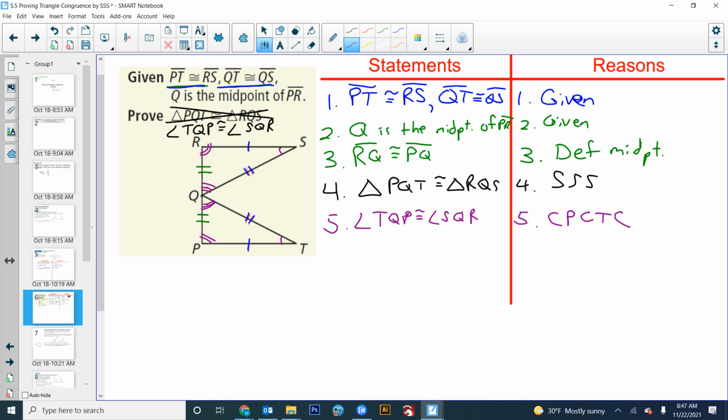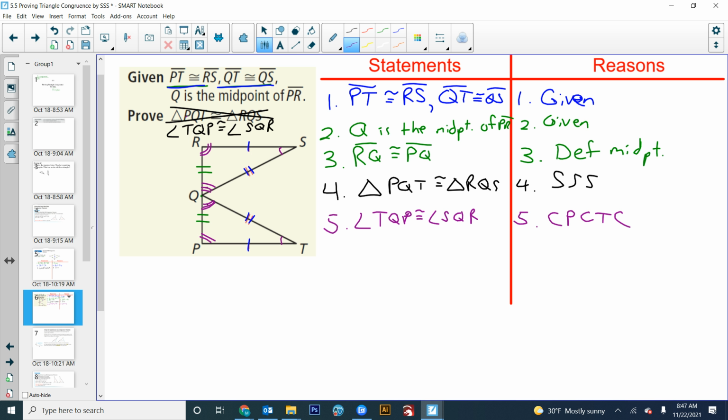CPCTC. Tell me. Will something like this be on the test? Absolutely. It's not bad. I'm going to make this very simple for you. If you prove that the triangles are congruent, you stop at SSS or SAS. You stop.